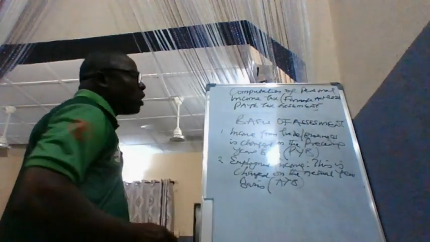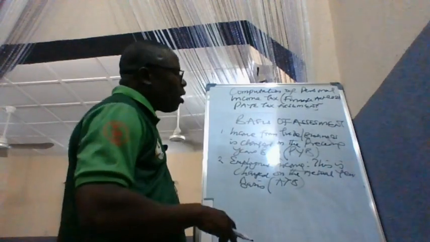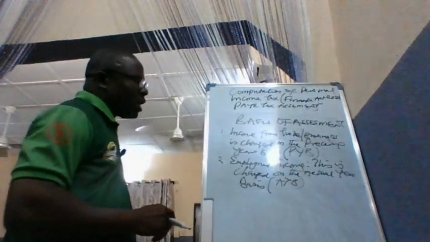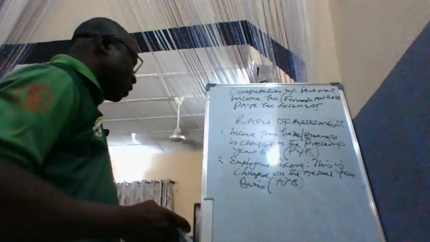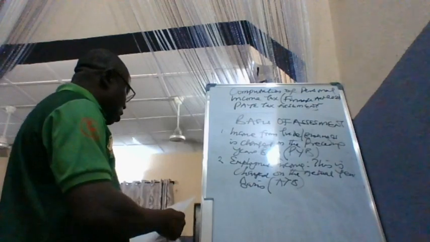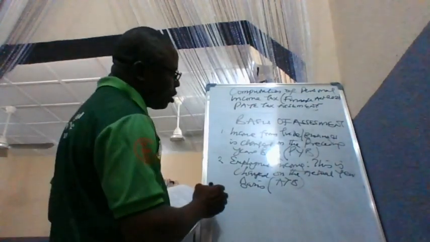As long as employment income is concerned, you are looking at the actual for that year, while the one for trades or business is being considered on the preceding year, the previous year's assessment.